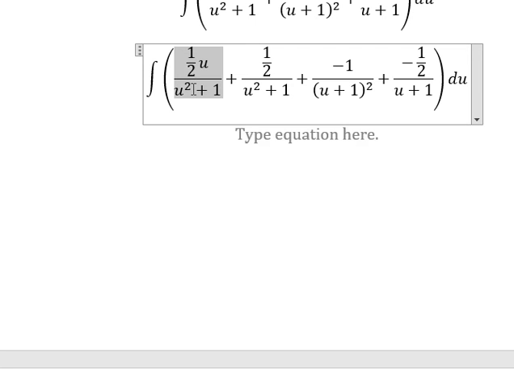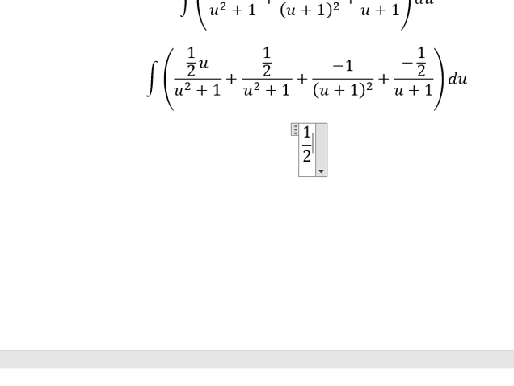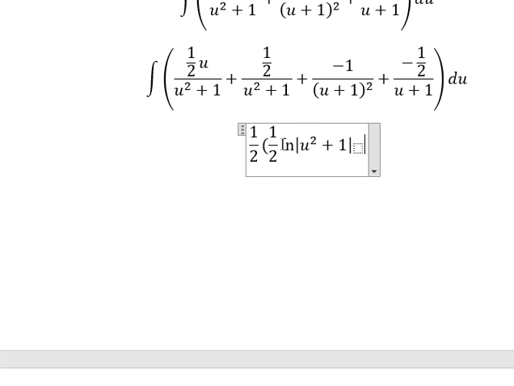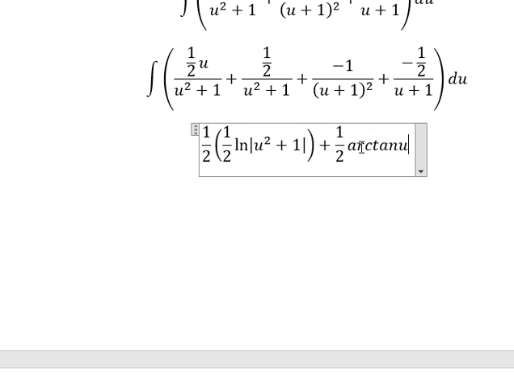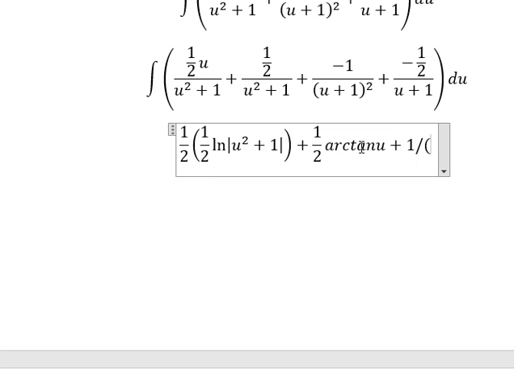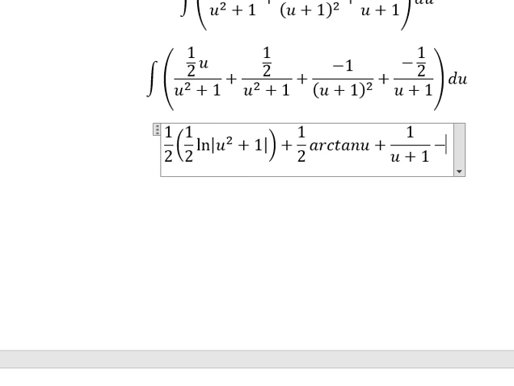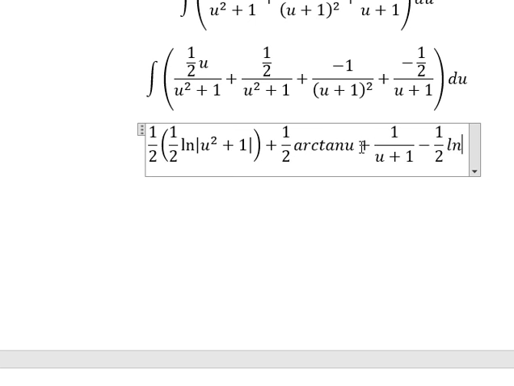The integration of this one gives 1 over 2 ln of the absolute value of u squared plus 1. The next one is arctan of u. The next one is 1 over u plus 1. And the last one should be like this.